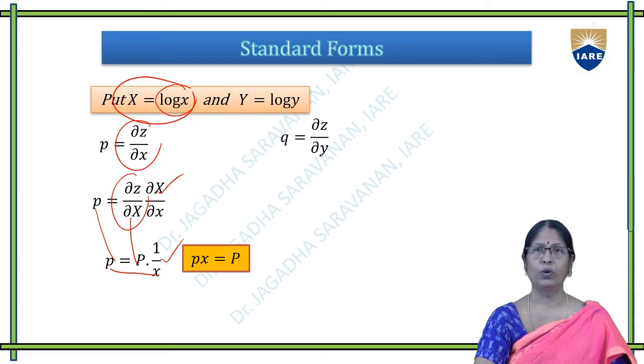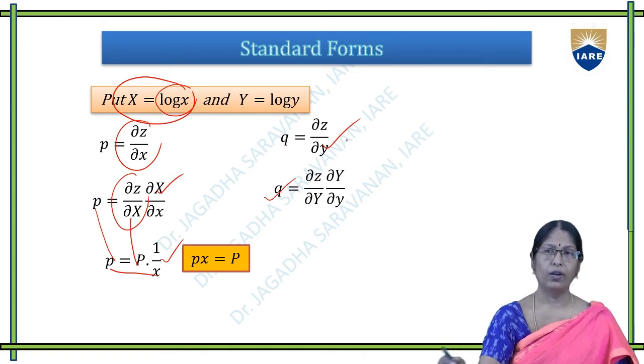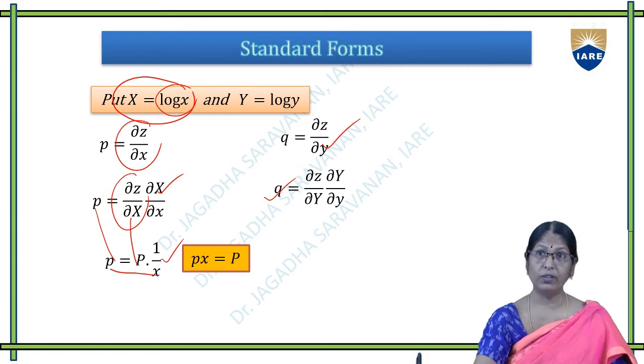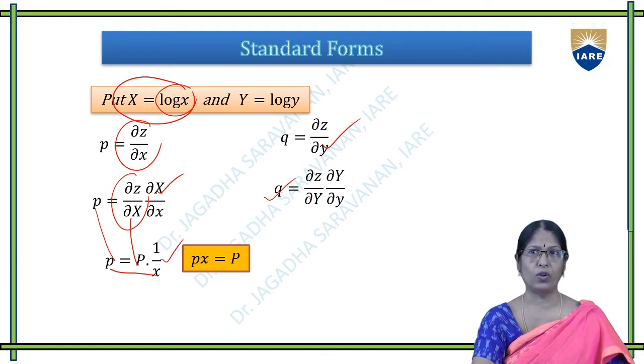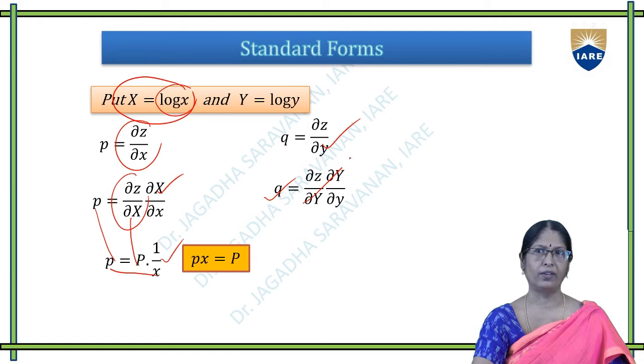Now, what steps did we follow? The same we will do for q. The q notation is nothing but dou z by dou y. For q, the same capital Y we are going to insert. We inserted it; whether it is correct or not, we can cross check. Yes, absolutely correct, we have done it in a correct way.